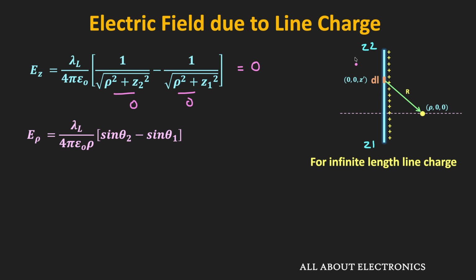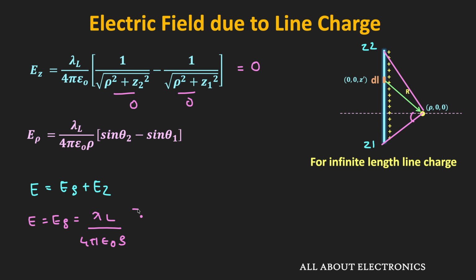Whenever this z2 is infinite, then this angle, theta 2, will become pi by 2. And likewise, when z1 is minus infinite, at that time theta 1 will become minus pi by 2. So in that case, E rho is equal to lambda L divided by 4 pi times epsilon naught times rho times (sine pi by 2 minus sine minus pi by 2).